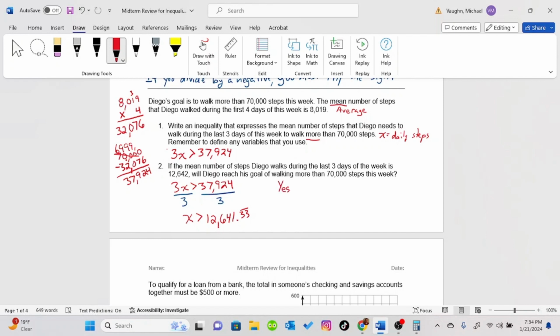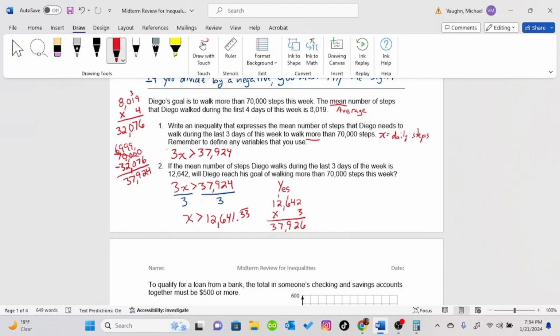So yes, if we wanted to check, we could say 12,642 times 3. 3 times 2 is 6. 3 times 4 is 12. Carry the 1. 3 times 6 is 18. Plus 1 is 19. Carry the 1. 3 times 2 is 6. Plus 1 is 7. And 3 times 1 is 3.